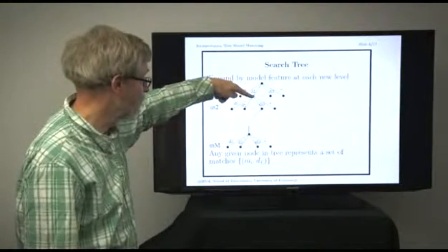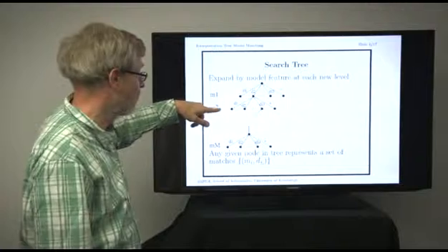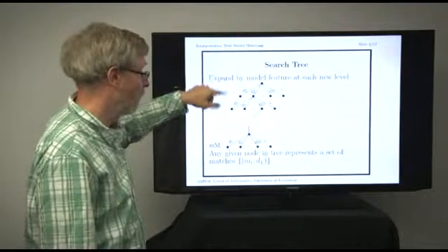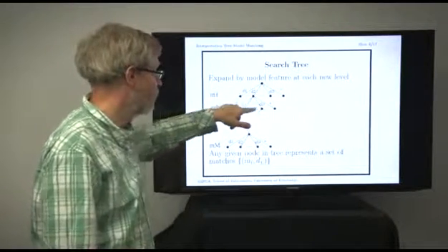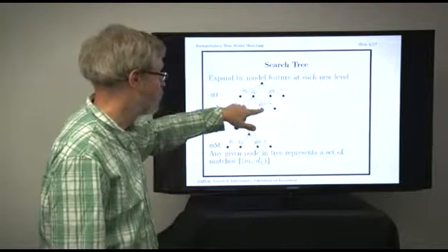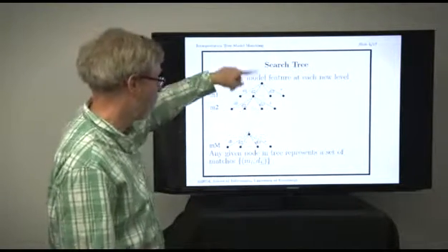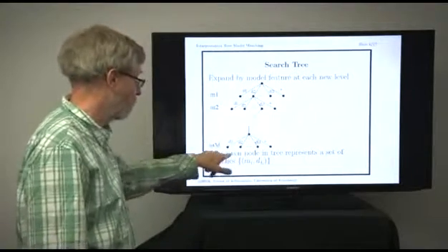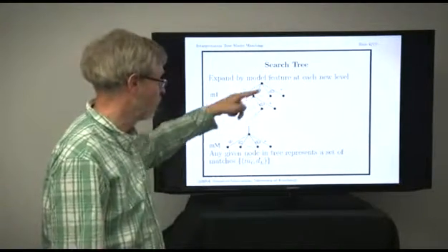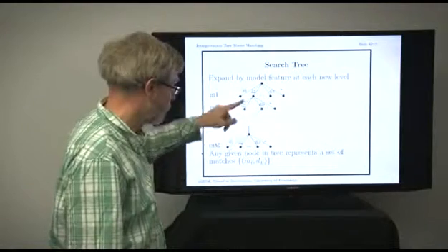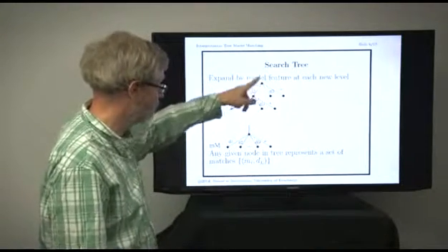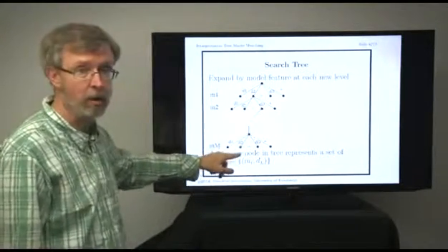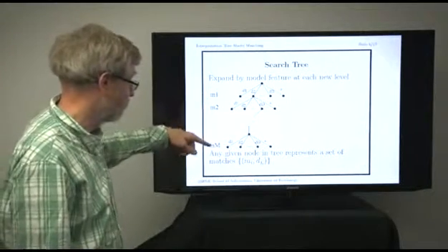Then we want to go down to the next level and now find a match for model feature M2. Again, we exhaustively compare all of the data features and the wildcard, and if we have a success there, then we go down to the next level, and so on, until we get down to the leaf nodes of the tree, and then we've successfully found a set of matches for all of the model features.